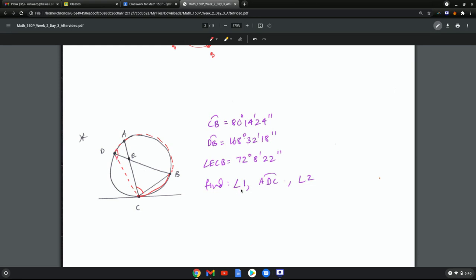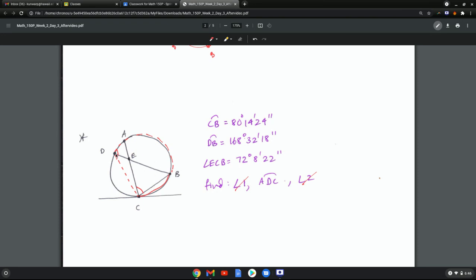Yeah, I forgot to label angle 1 and 2. So let's scratch that. Let's just try to find angle ADC. Okay, so what do we have here? We have CB. And we have DB.